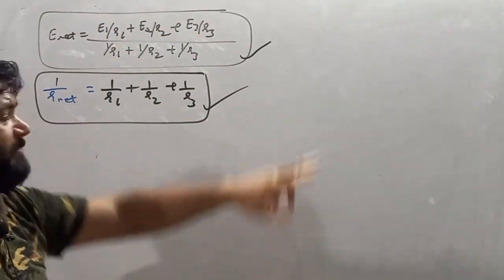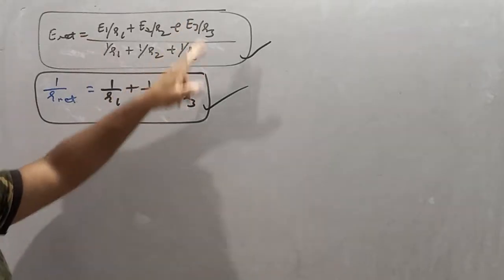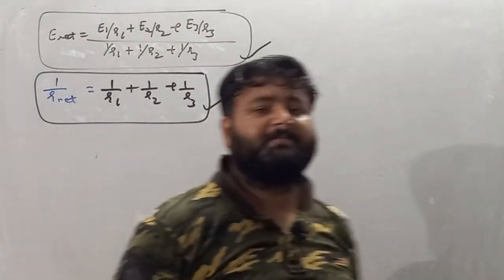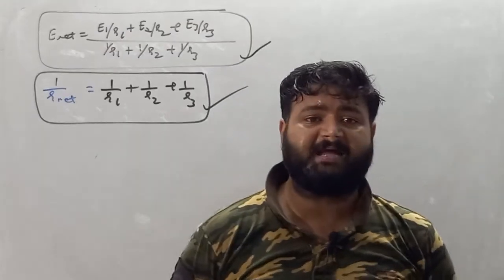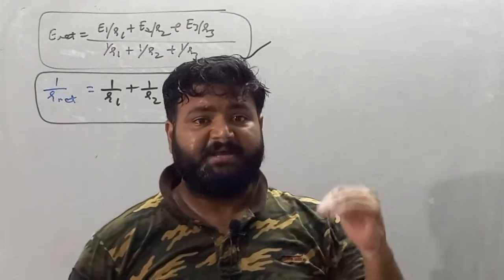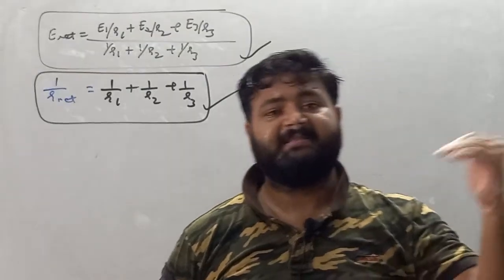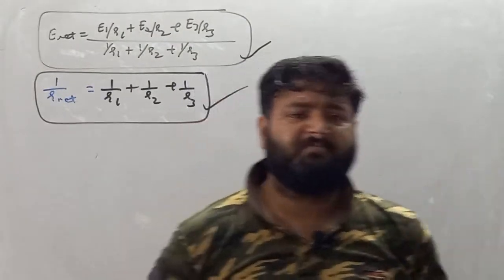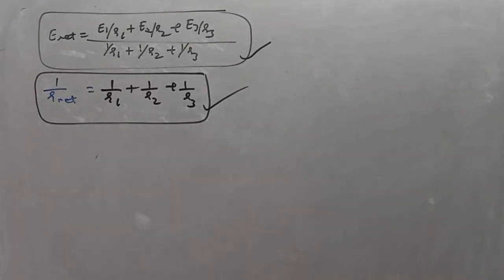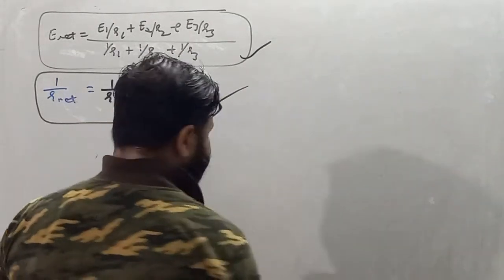But yes, along with EMF decreasing in parallel combination, remember, my dear student, if resistors are connected in parallel, then net resistance decreases. If resistors are connected in series, then net resistance increases. Write down in the form of a note: if resistors are connected in series, then net resistance is increased.